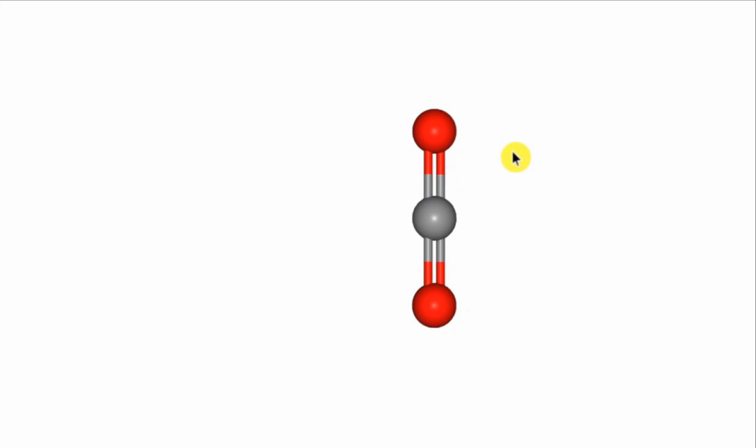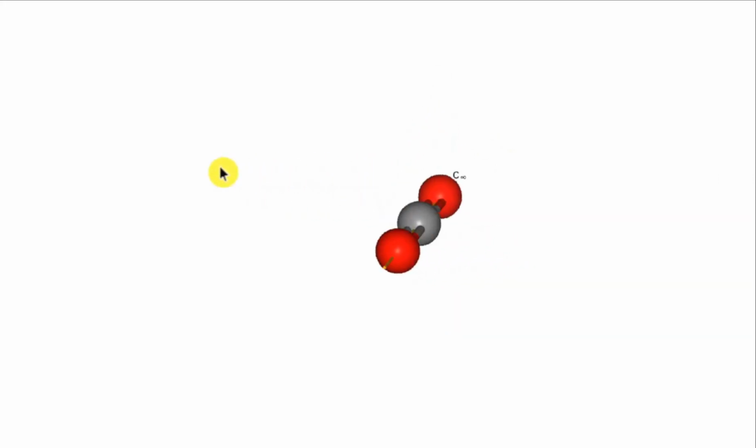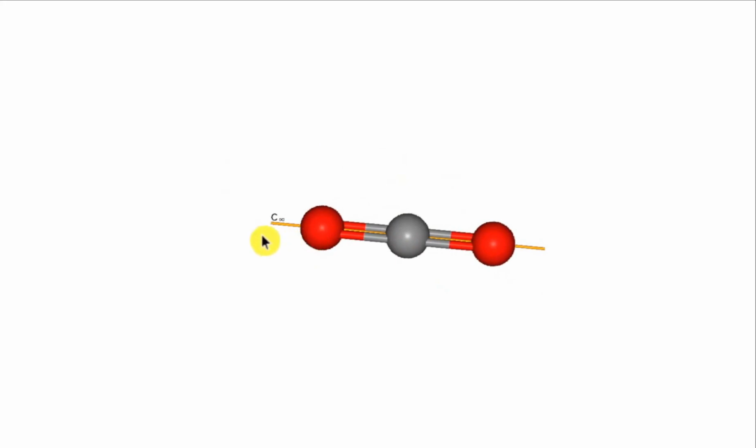When carbon dioxide is rotated through any angle along the oxygen-carbon-oxygen bond, say this axis, you can see the axis here. If I rotate carbon dioxide along this axis at any angle, it looks the same. And hence we say that carbon dioxide possesses a C infinity axis.